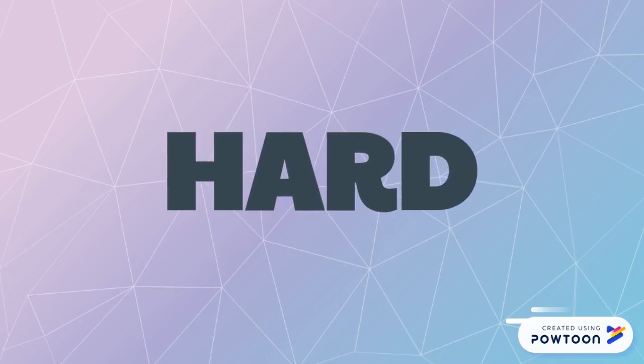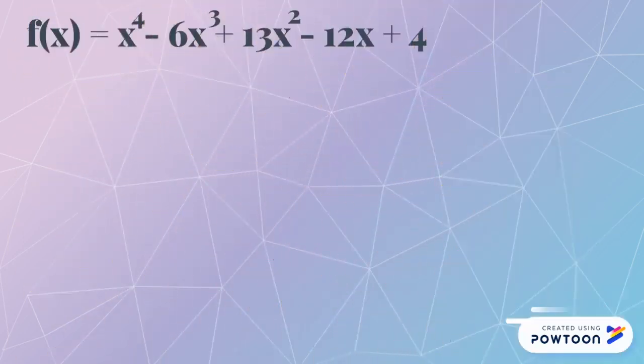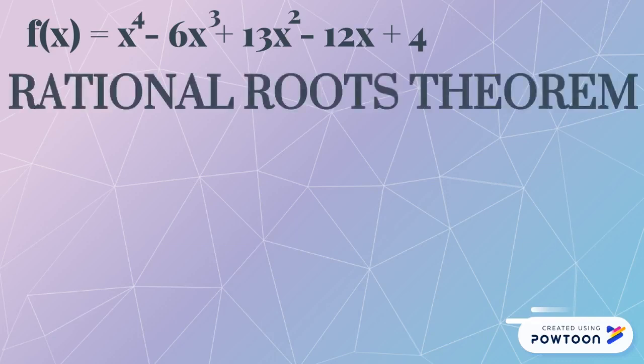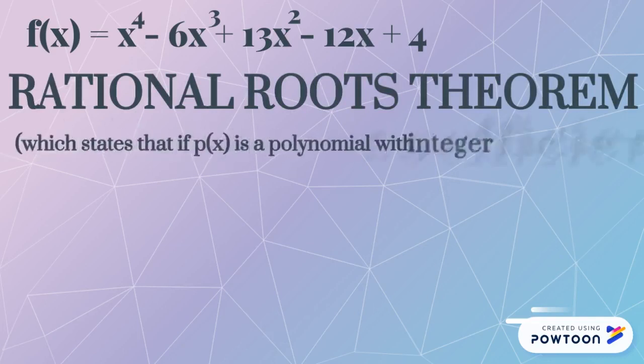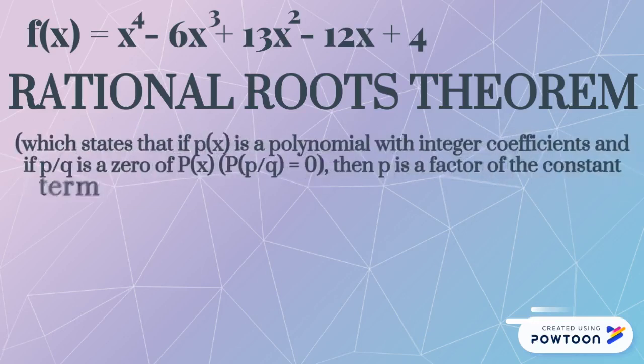For example, f(x) = x⁴ − 6x³ + 13x² − 12x + 4. To factor this, we can use the rational roots theorem, which states that p is a factor of the constant term of P(x) and q is a factor of the leading coefficient of P(x).